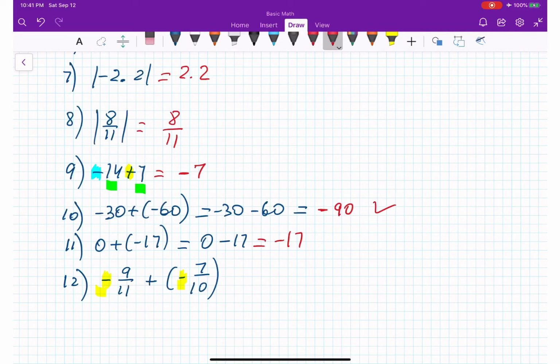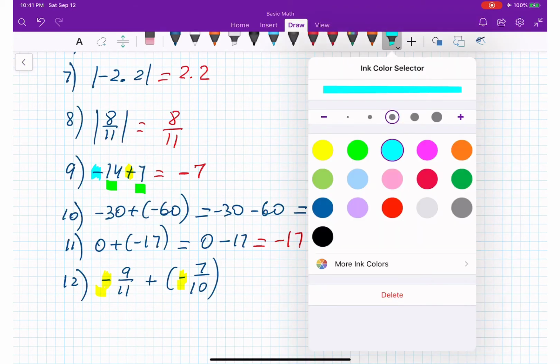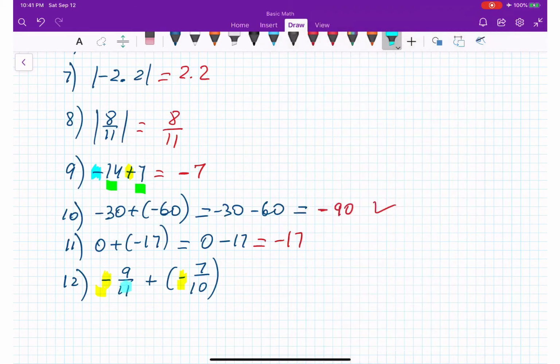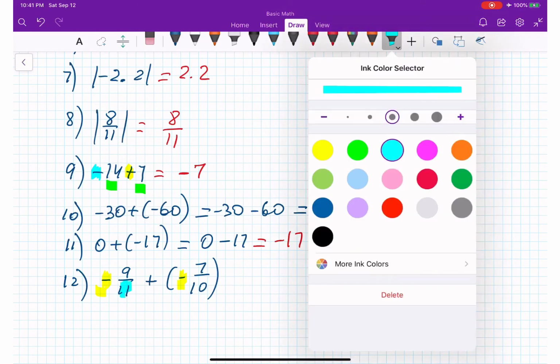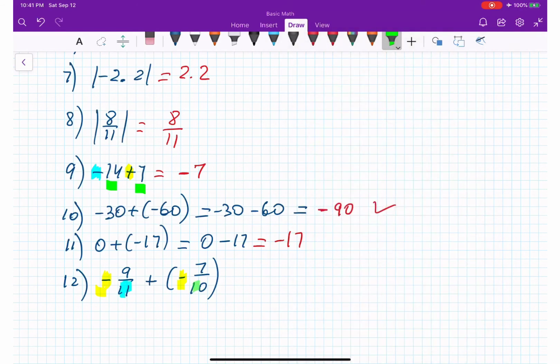Since denominators are different, here we have 11. Here we have 10. I'm sorry, I wrote it down wrong anyway.